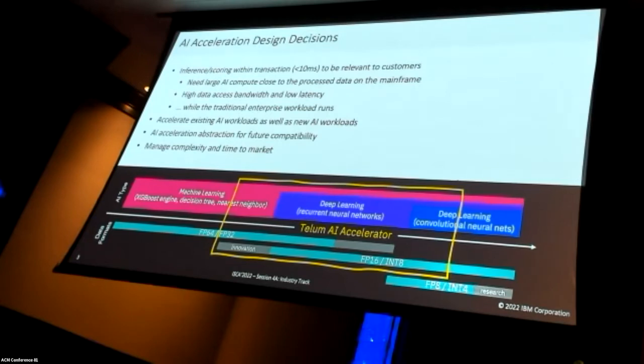This also dictated, for example, that we needed to pick a data format which is covering all the space. And we picked a 16-bit floating point format as the only exposed format of the accelerator. And also the hardware acceleration, we wanted to be able to enhance it and change it in the future. So we had to abstract it from the architecture level so that code compiled by the customer could still be running in the future machine.